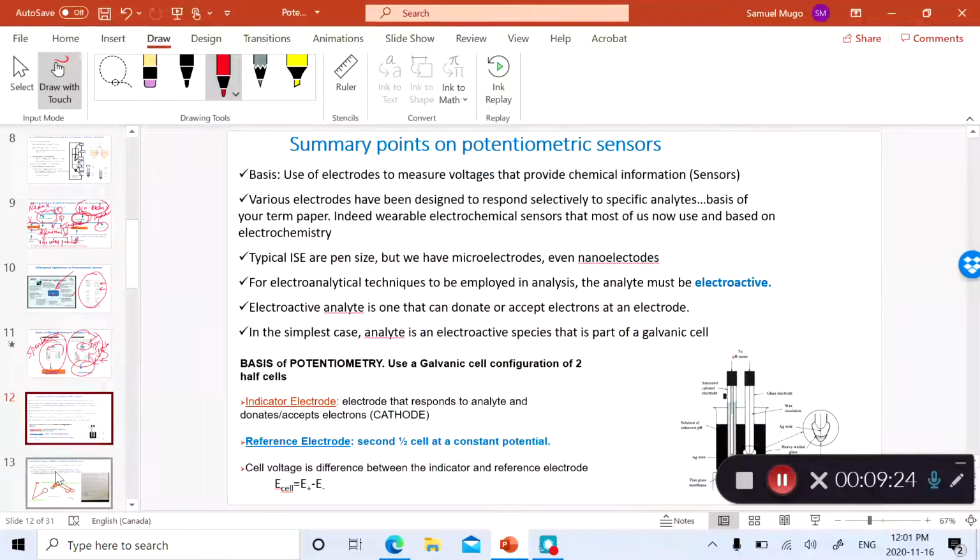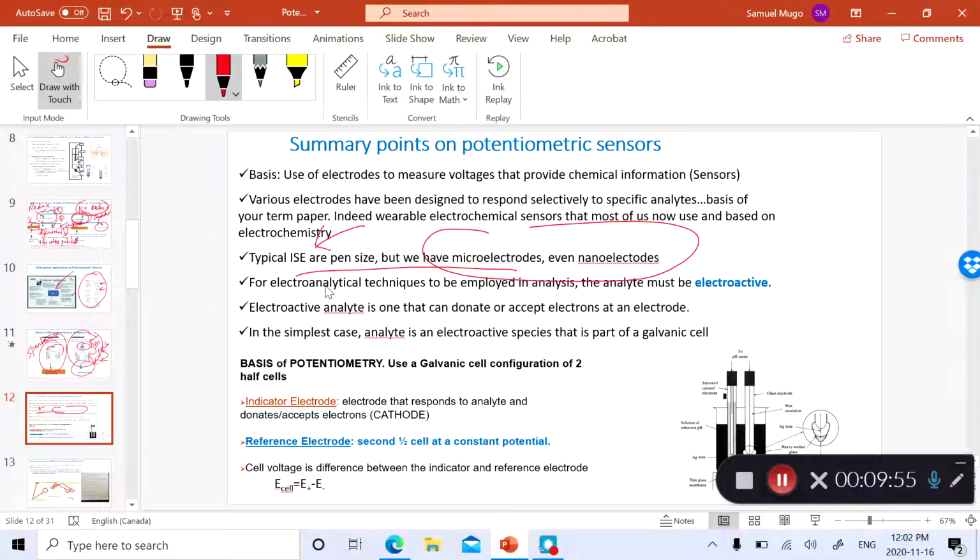So, a quick summary on potentiometric sensors. As I have said, in this case we measure voltage, which provides the chemical information that you're trying to explore. Now, one huge advantage of potentiometric sensors is that they are very miniaturizable. So these things you're calling ion selective electrodes, the non-classical potentiometry, you can make very small.